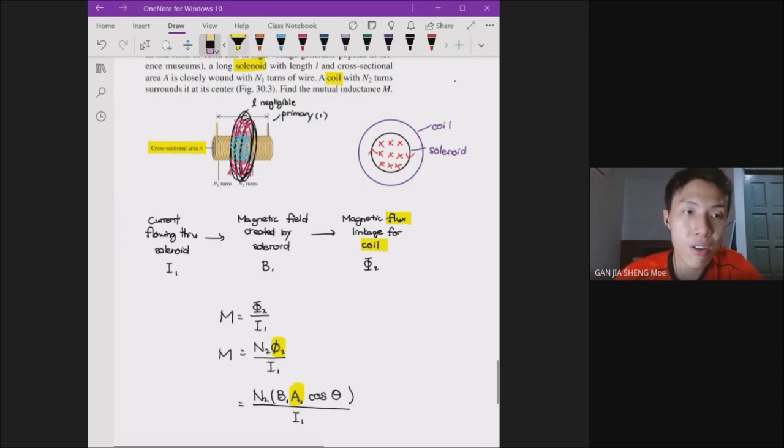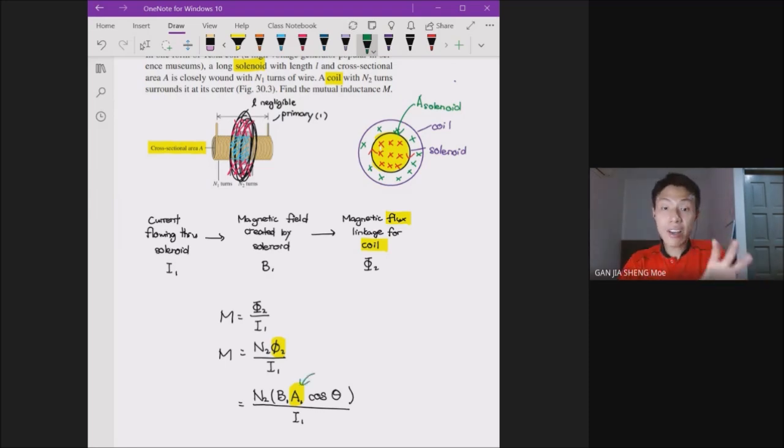And the area of the coil that has magnetic field passing through is only equal to the area of the solenoid, because this outside region over here will have nearly none, or very weak magnetic field only. The magnetic field is concentrated inside the solenoid, so you can just take the area of the solenoid to substitute in for your A over here.